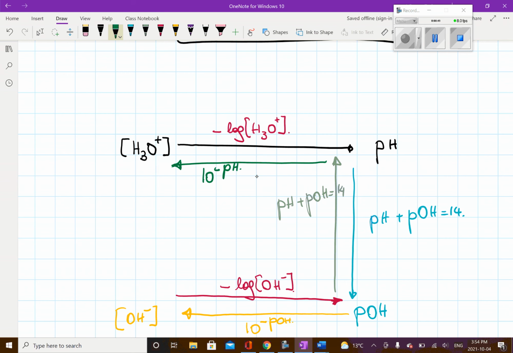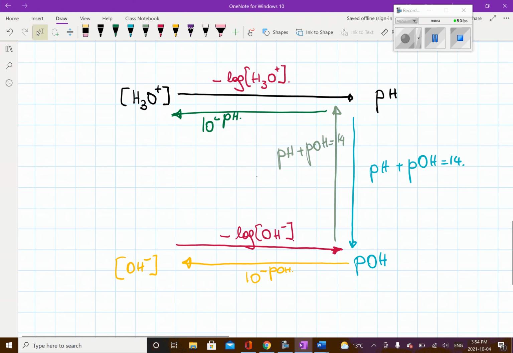Now, this is what you have done, and probably a flowchart like this was given to you in Chemistry 20. However, the teacher was probably telling you that the connection between the concentration of hydroxide and hydronium will be introduced to you in Chem 30.